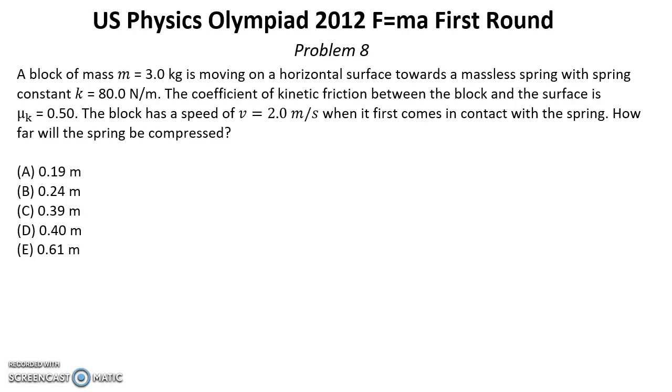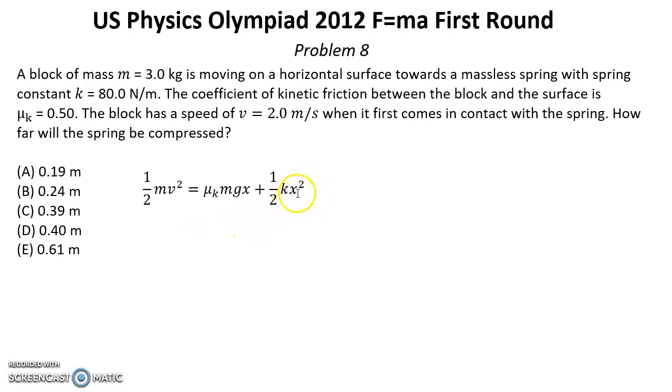Let's write this expression. This is the formula: 1/2 mv², that's kinetic energy for the mass, equals mu_k mgx, that's work done by the force of friction, plus 1/2 kx², that's final potential energy for the compressed spring.